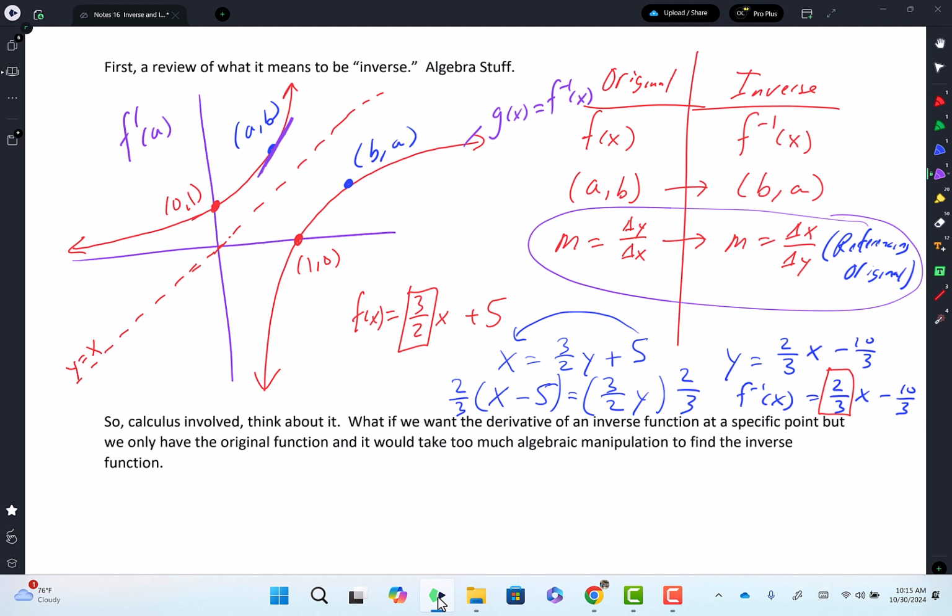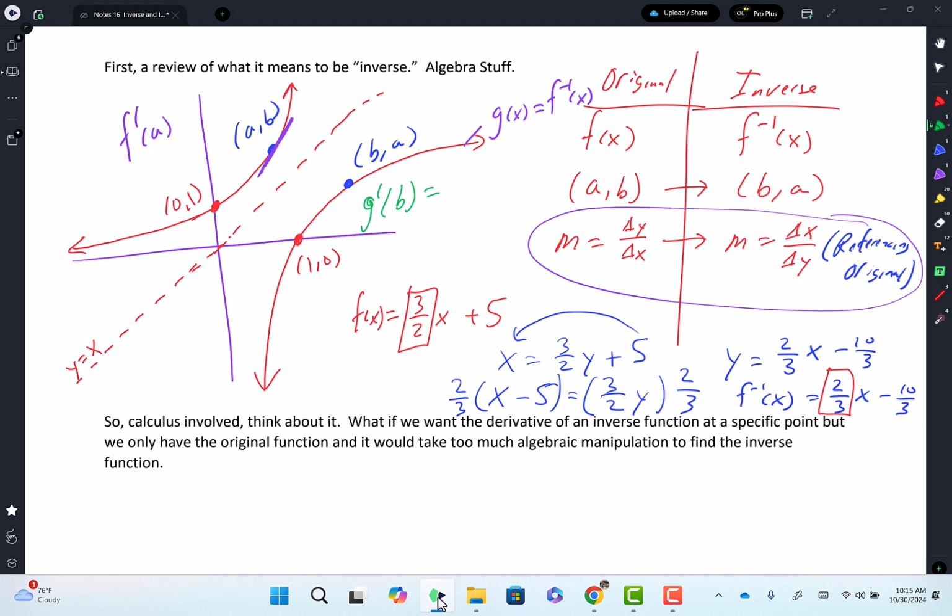Have I done anything crazy yet? Okay. If you know the slope of the original at A, then you know the slope of the inverse, but not at A, at B. Because that B is an x value of the inverse, but it was a y value of the original. So if I call this G, I know G prime at B.